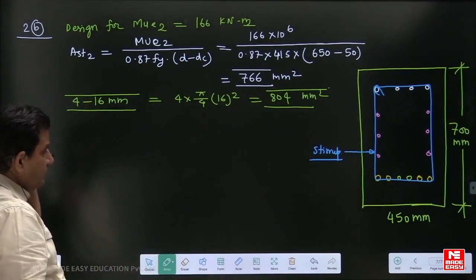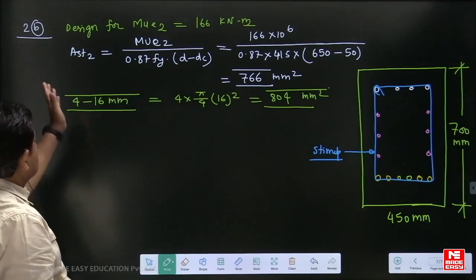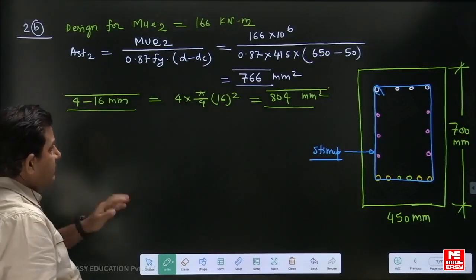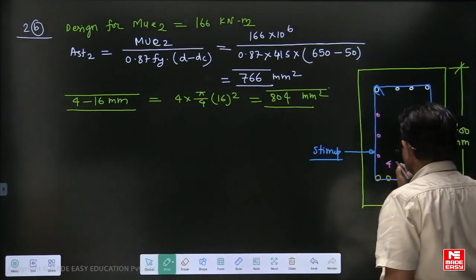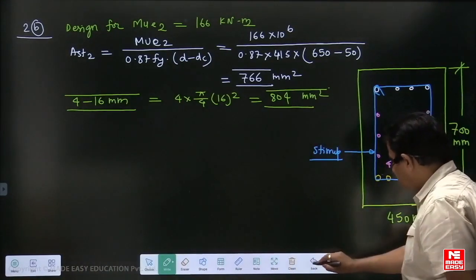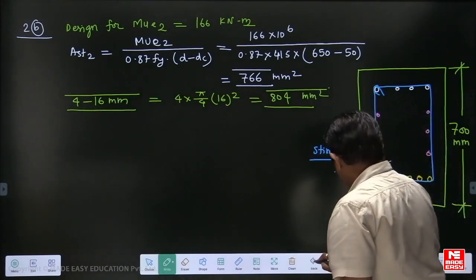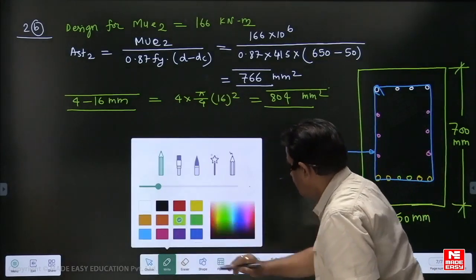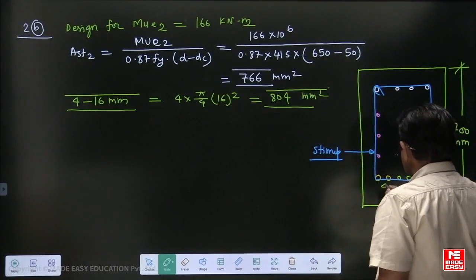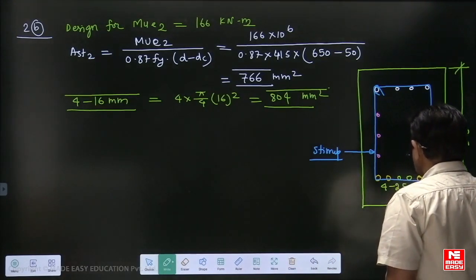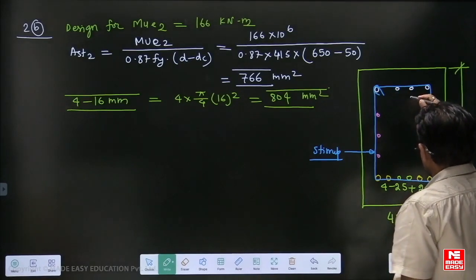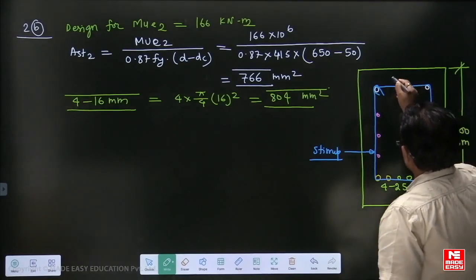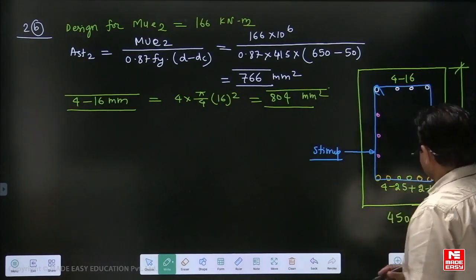These are the side face reinforcement that you will design and provide. So let's understand one by one how to design it. For reinforcement we have already designed. These reinforcement are 425 plus 216, and these are 4 number of 16 mm dia.